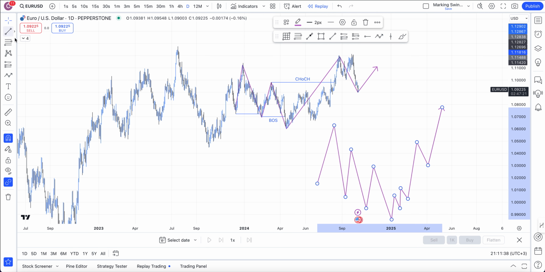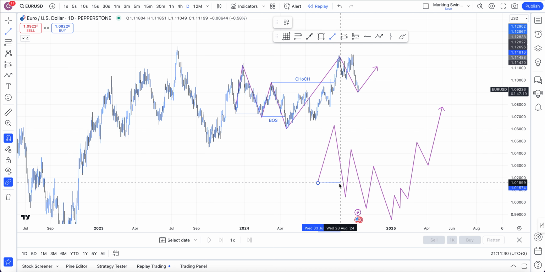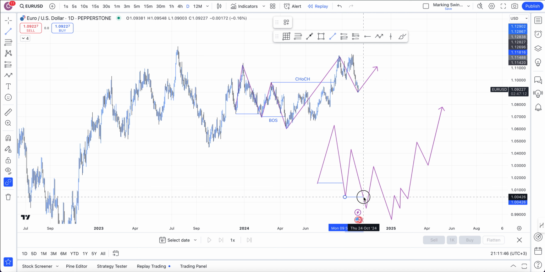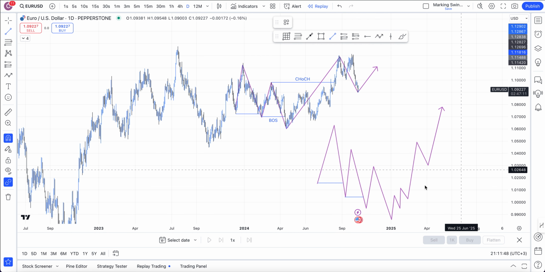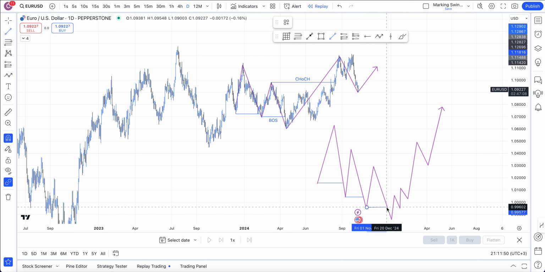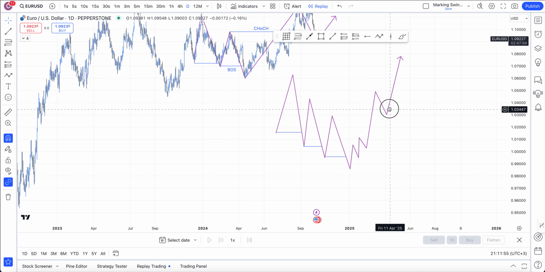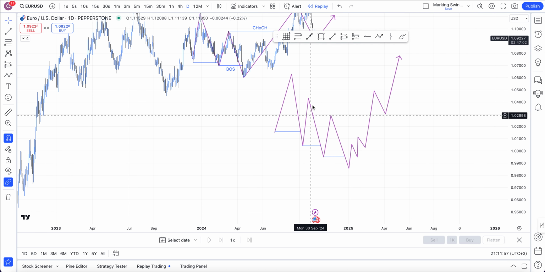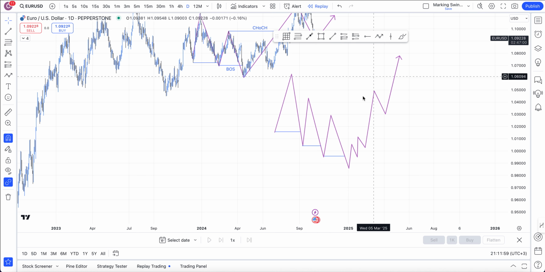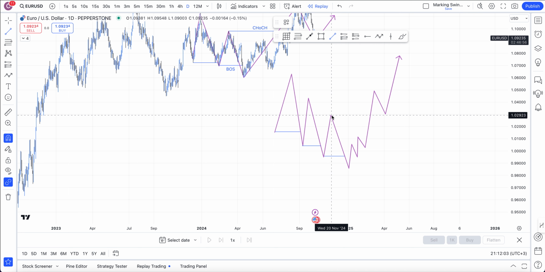So we see that this becomes a break of structure, this one becomes a break of structure, and this one also becomes a break of structure. But now there is a change of market sentiment from a downtrend to an uptrend. So this one now becomes a change of character, right?